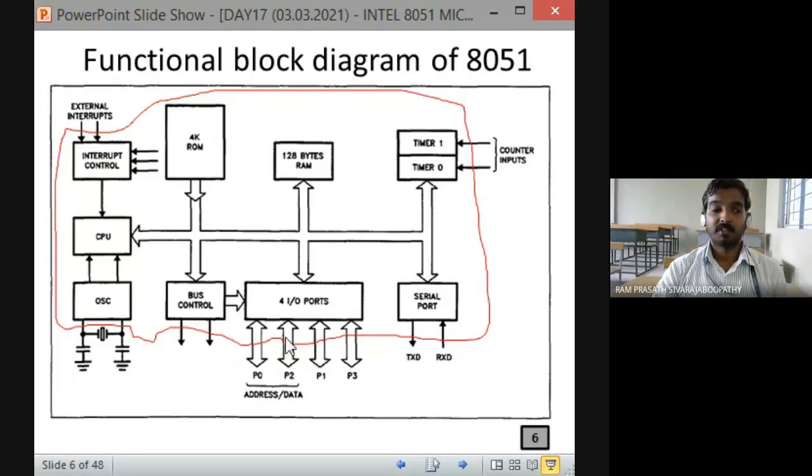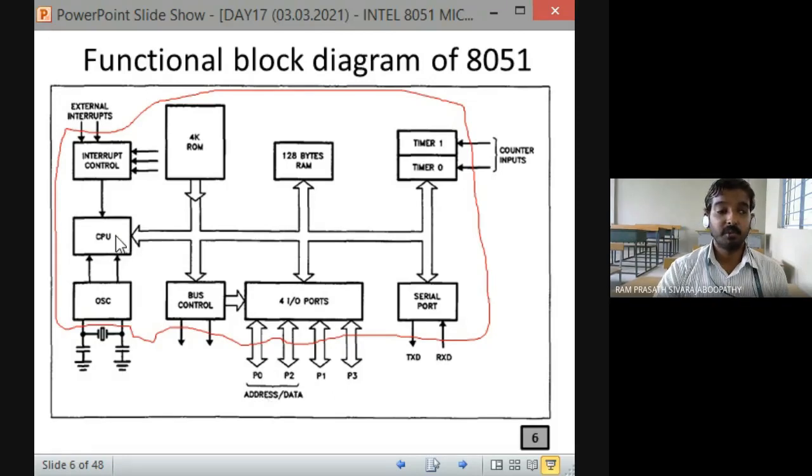So for interfacing the external memory, you have to sacrifice these 2 ports, port 0 and port 2 in our application. Fine? Is it clear now?